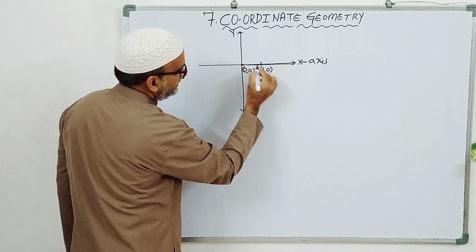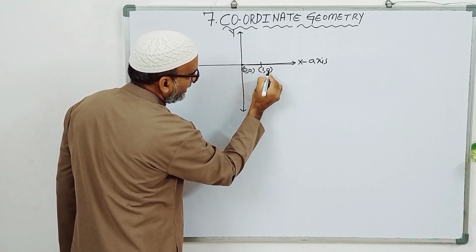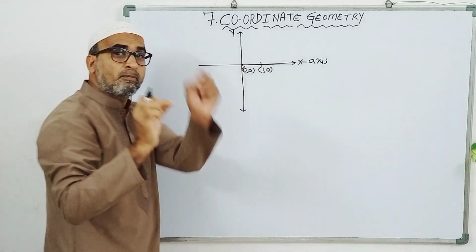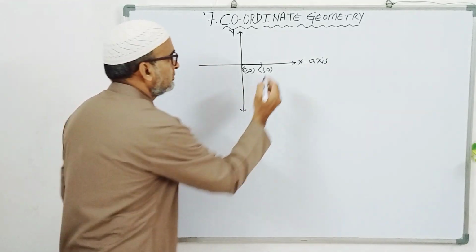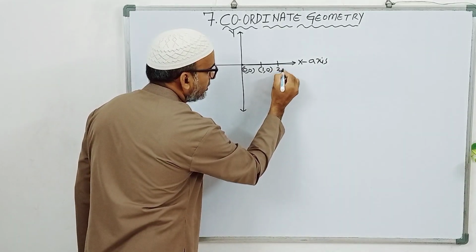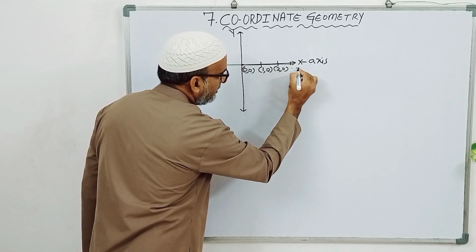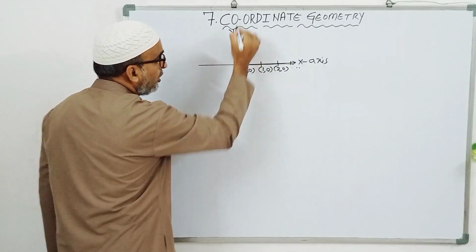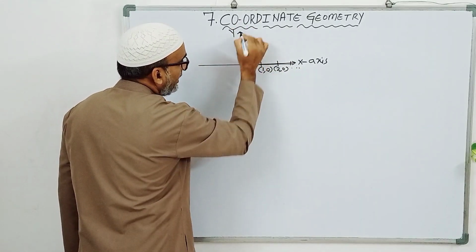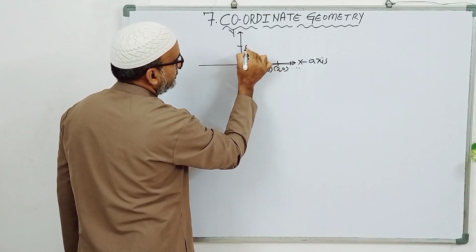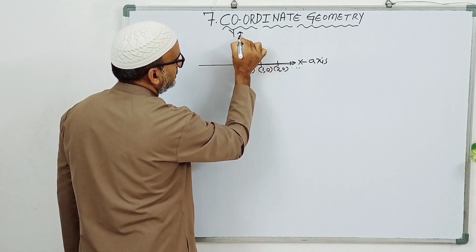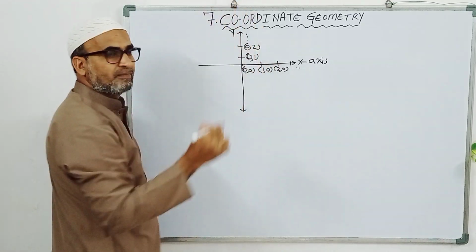The point of x is 1 centimeter, and the point of y will be 0, because on x-axis only the points of x will be there. So here 2, 0. Like that many points will be here. If you go on y-axis, the point of x will be 0: 0, 1, 0, 2. Like this many points will be.